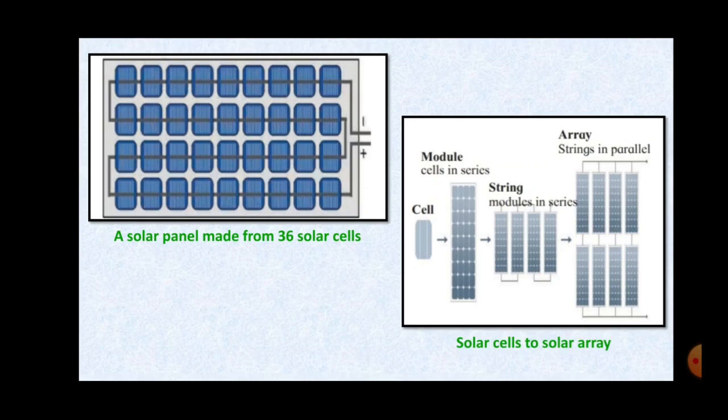Similarly, the solar cell is the basic unit in the solar electric plant. So many solar cells are connected in series to form what is called a solar array, and we can obtain electrical power as required.